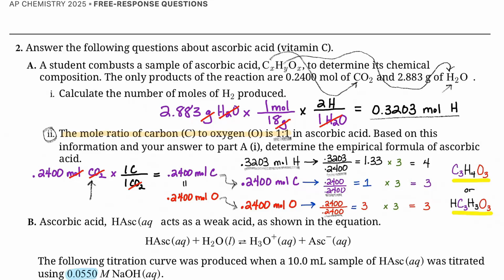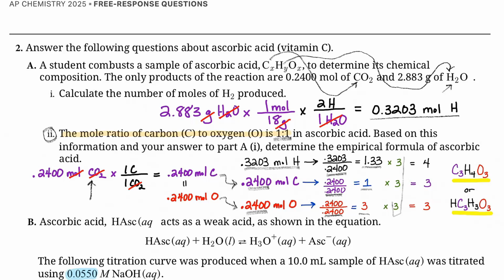All I'm going to do is notice that 0.240 is the smallest mole amount, and I'm going to divide that smallest number through all of my moles here, and I get a 1.33 to 1 to 1 ratio. I can't put 1.33 into a formula, so what I do very simply is find a number I can multiply by to get whole numbers, and I do that to all of them.